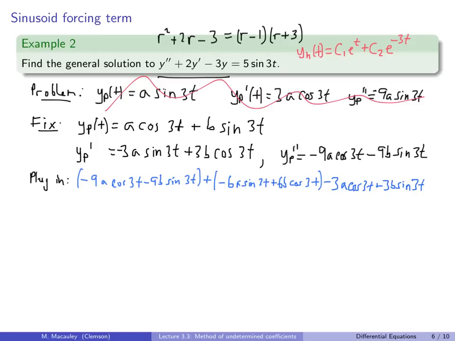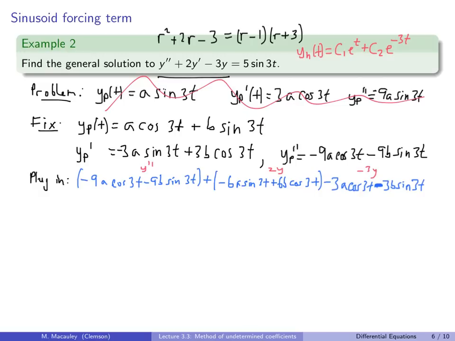Oh, hold on, I should say minus 3y, so that should be minus... so again, this is y double prime. This here is 2y, and this is minus 3y, and we have to set that equal to this. Well, before we do that, let's simplify this.